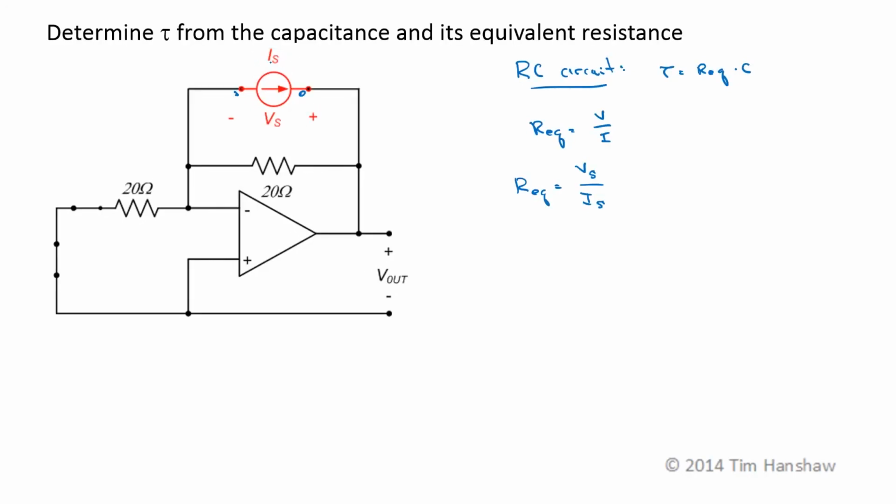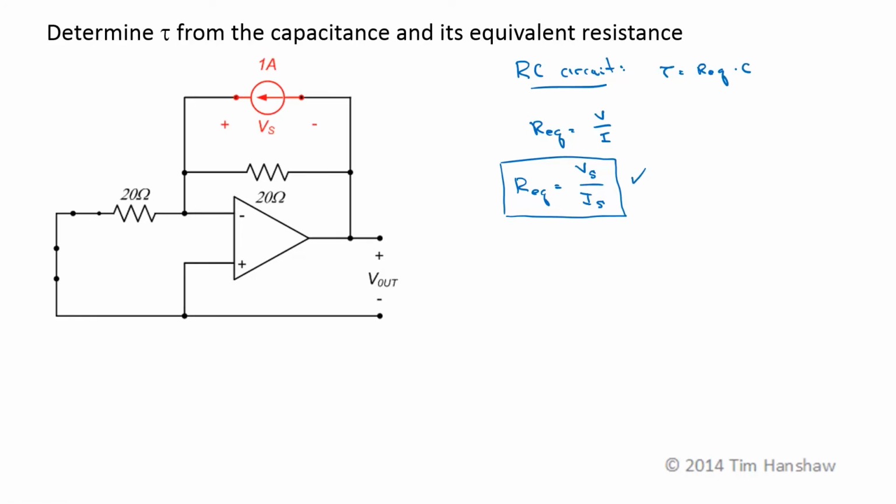I can put a little current source between these terminals, solve for the resulting voltage, and still apply this relationship. So I'm going to arbitrarily apply a 1 amp current here, solve for the voltage resulting from that, and then use this equation to calculate an equivalent resistance. So I've put a 1 amp current source here.